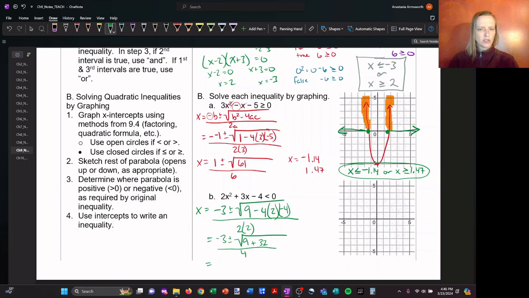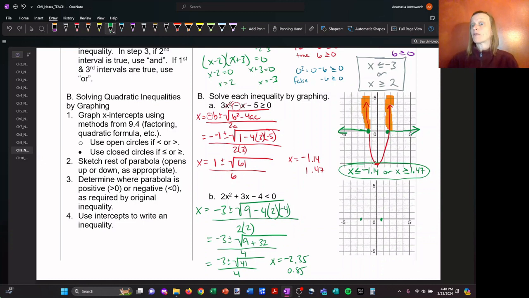And if I plug this into my calculator now, plugging those values into my calculator, I get that x equals negative 2.35 and x equals positive 0.85. Again, alternatively, you could just plug this into the graphing portion of your graphing calculator and use the trace function to find out those approximate x-intercepts. But here, negative 2.35 is about here. Positive 0.85 is about here.